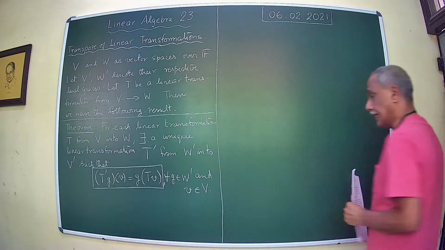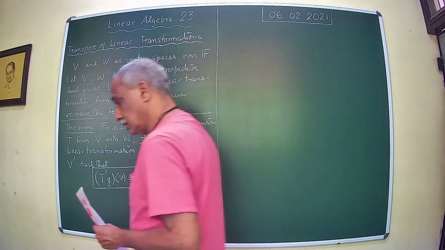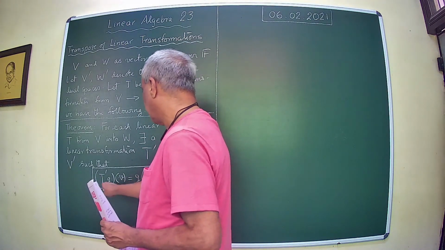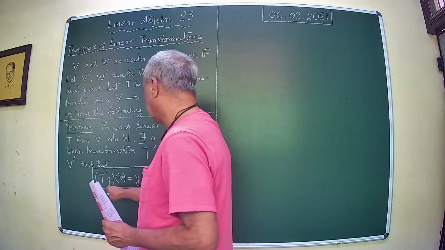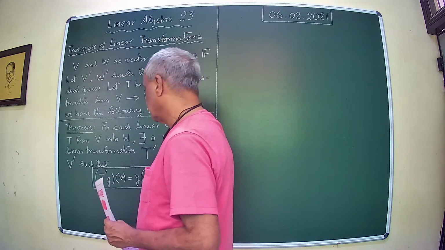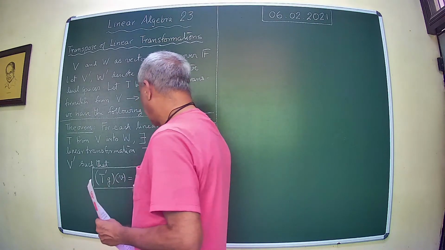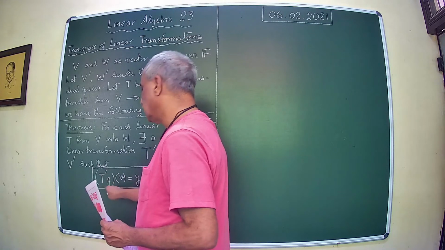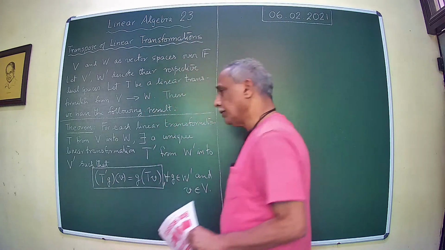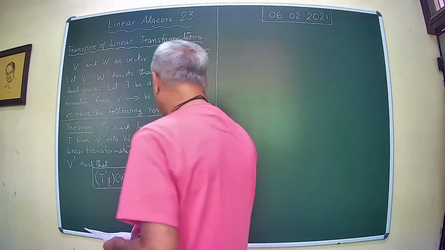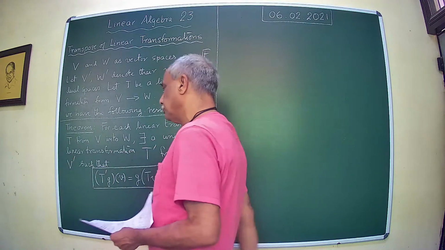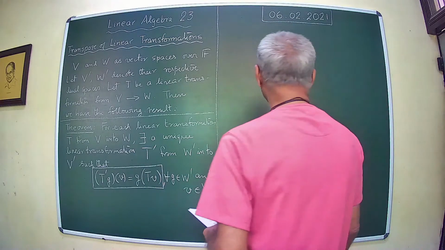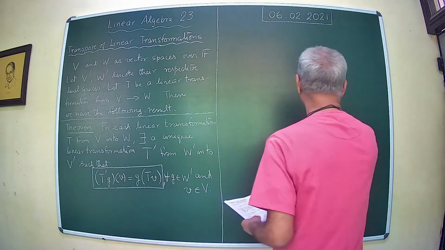And we have indeed proved that such a linear functional exists, and that linear functional f is such that G of TV equal to f of V. It's a linear functional, and then we also defined T prime by T prime of G equal to f, and then we proved that the mapping that we have defined from W prime into V prime is a linear transformation.